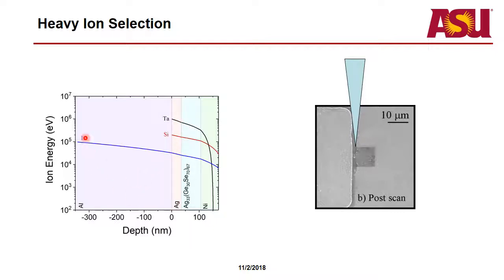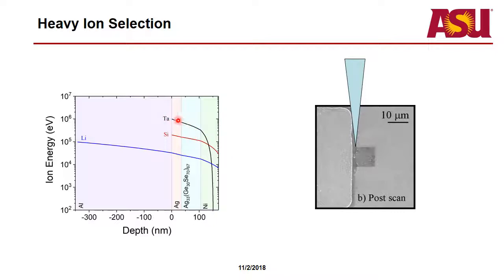The reason the lithium is tracking through the aluminum layer is because for the lithium ion test, we use the crossbars, which has the aluminum going straight across the actual device area. For the silicon and the tantalum, especially with the tantalum, the ions are already ranging out in the nickel layer and, if not, the SiO2 layer below it.